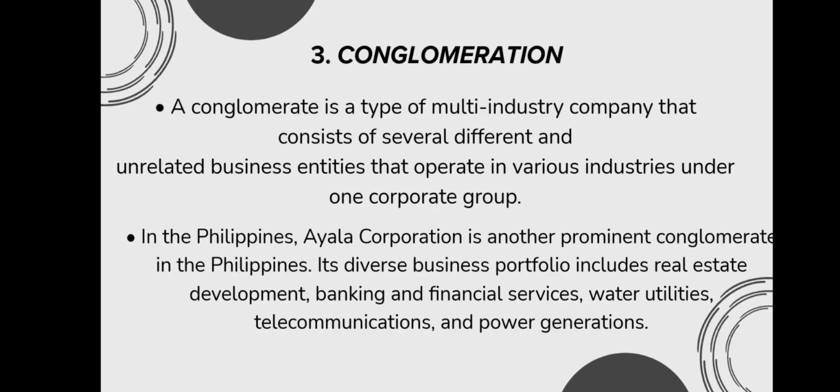And number three is the conglomeration. A conglomerate is a type of multi-industry company that consists of several different and unrelated businesses, entities that operate in various industries under one corporate group.